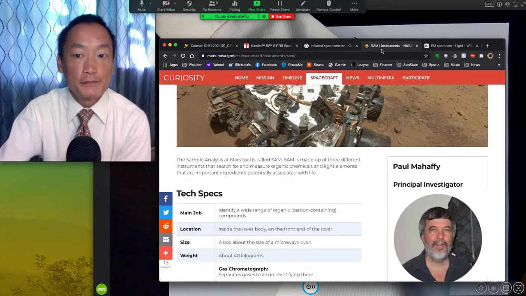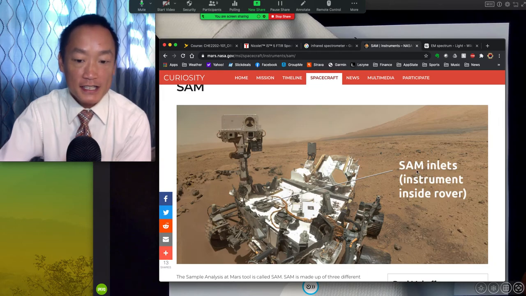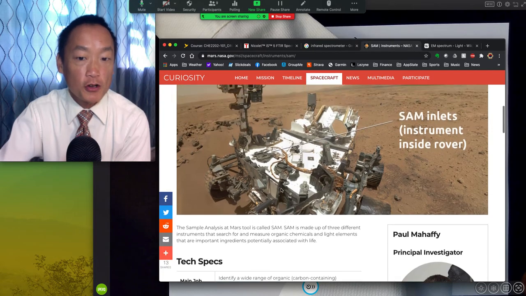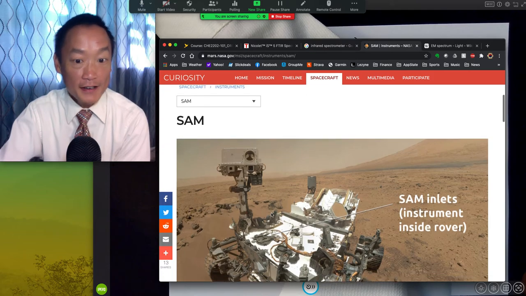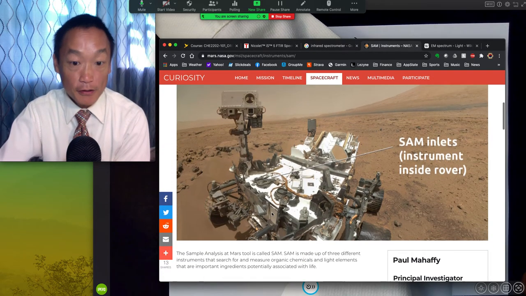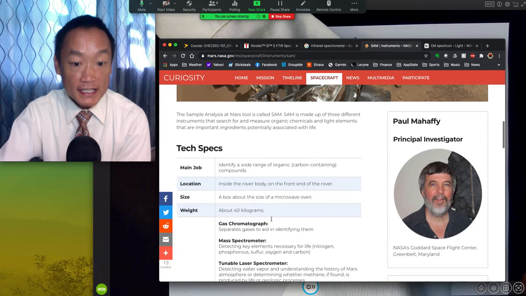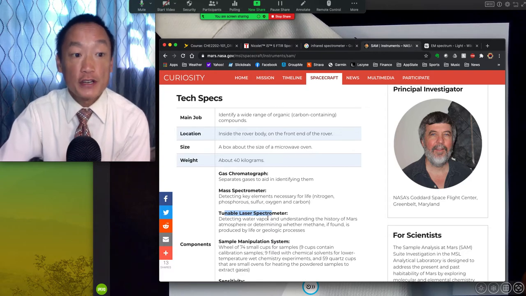But check this out. This is a picture of the Sample Analysis at Mars tool, called SAM, which is on the Curiosity rover. If you believe that this exists, that thing right there is on the surface of Mars, and inside it is a tunable laser spectrometer, which can be tuned to the IR region to analyze molecules found on the surface of Mars.